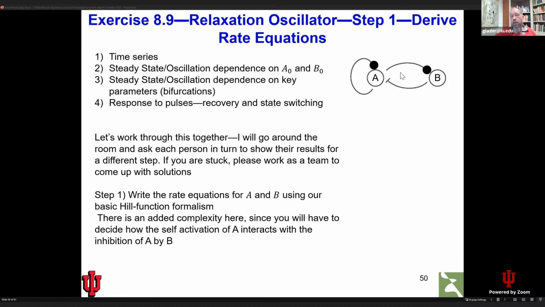And so what I would like people to do here, we're going to run out of time, but I would like you all on a piece of paper to start out and say, what's an arrow diagram for this? And then write a reasonable Hill function for dA by dt equals something, dB by dt equals something.